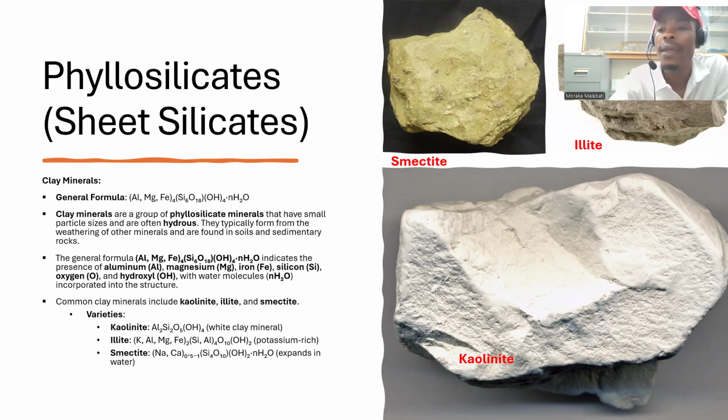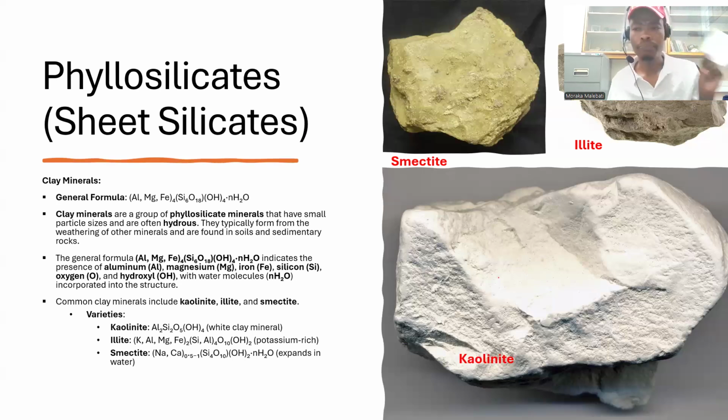It has a hardness of 1, and kaolinite will be a bit rough compared to talc. Talc and kaolinite are used mostly as industrial minerals for making white paints, papers, ceramics and other things.